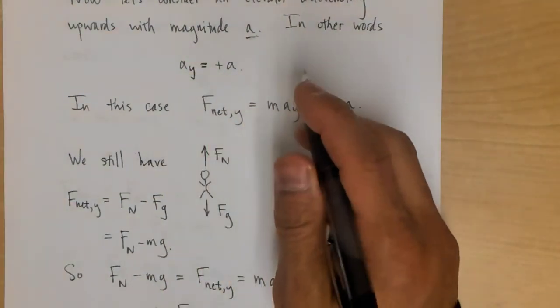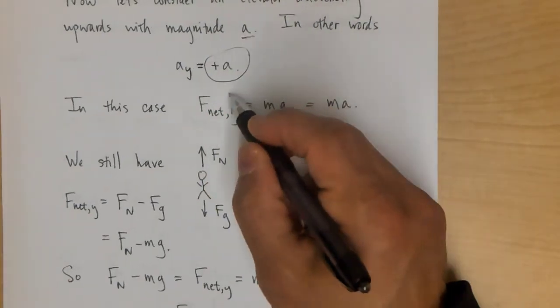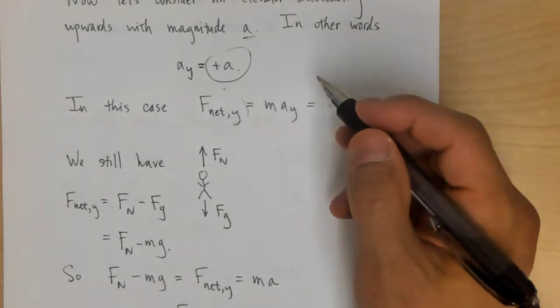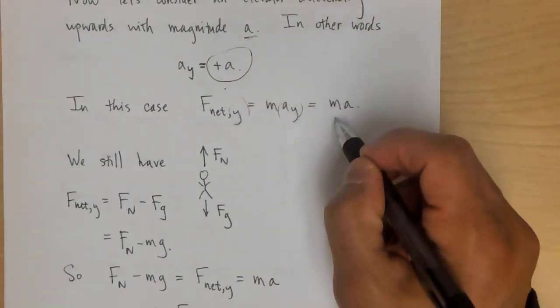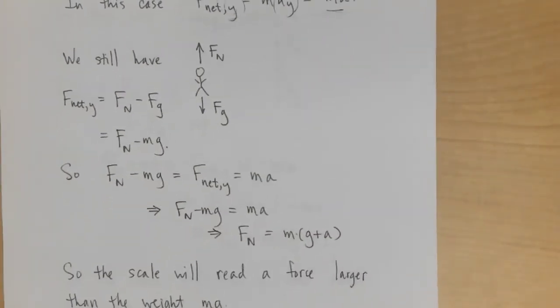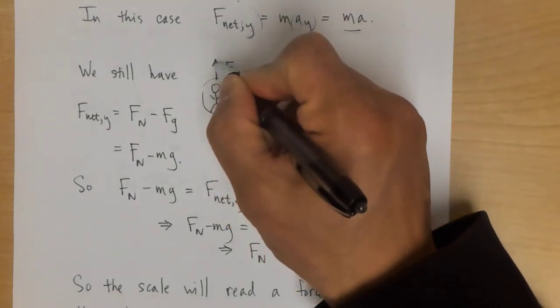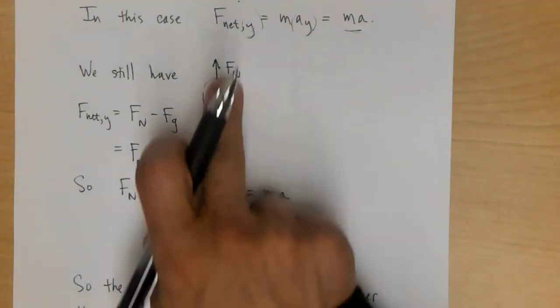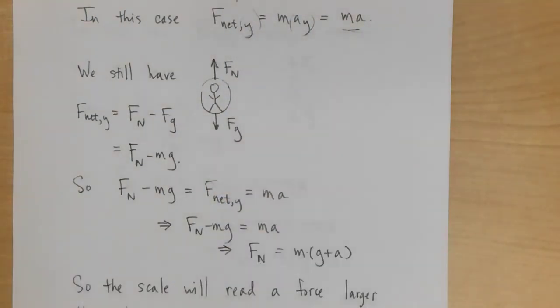In this case, because we have an acceleration, the net force from Newton's second law in the y direction is m times ay. But we said ay is just what we call a. We still have the same picture: the forces acting on the person are the normal force of the scale pushing the person up, and the force of gravity pulling down.